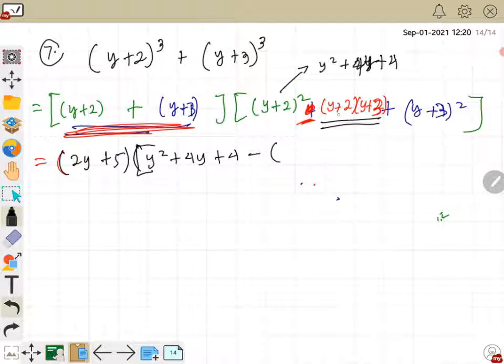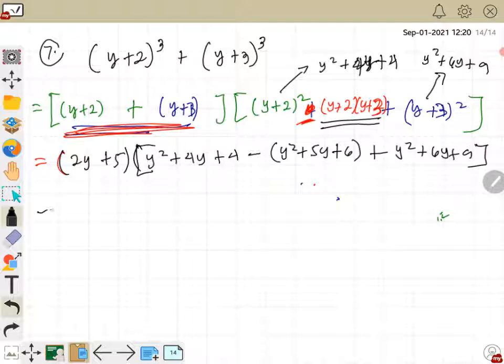So we have y plus 2 times y plus 3, using our grade 7 approach, we have y square plus 5y plus 6. Okay, then plus again here, that is y square plus 6y plus 9. So we write it here, y square plus 6y plus 9.